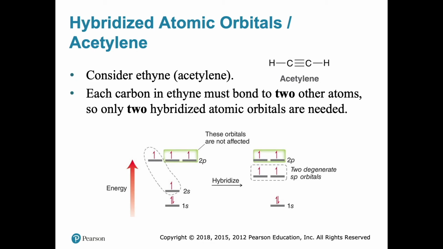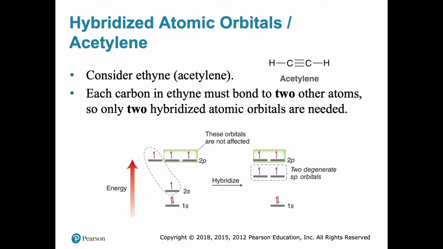Because if you look at carbon, this is an electron domain here, and that's an electron domain. Remember, you're counting the areas where there are electrons for a single carbon. You're not counting all of the bonds, you're counting the electron domains around a single carbon. And it's the same on the other side because acetylene is symmetrical.